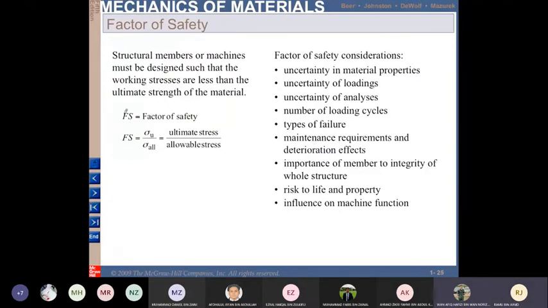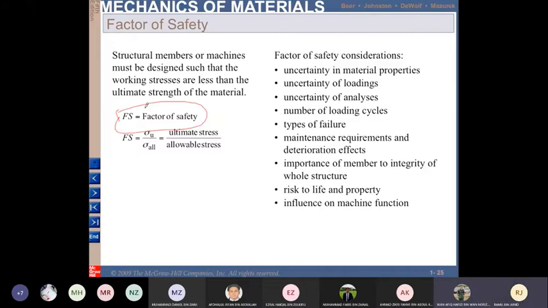Okay, factor of safety is a unit to represent the value of a tolerance.